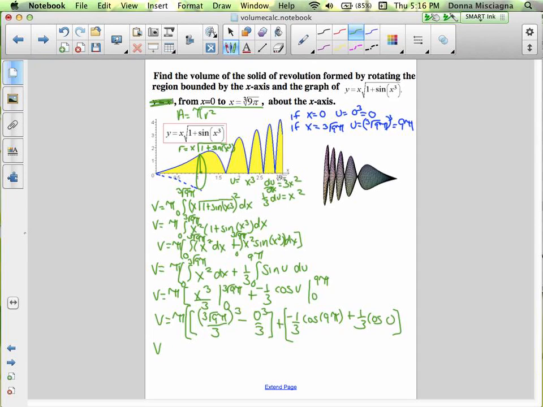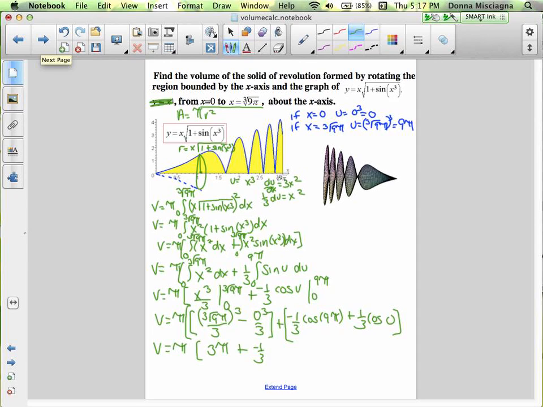So our volume is pi times 3 pi. That's minus 0, so that's not too important. And then plus, we have negative 1/3 cosine 9 pi.